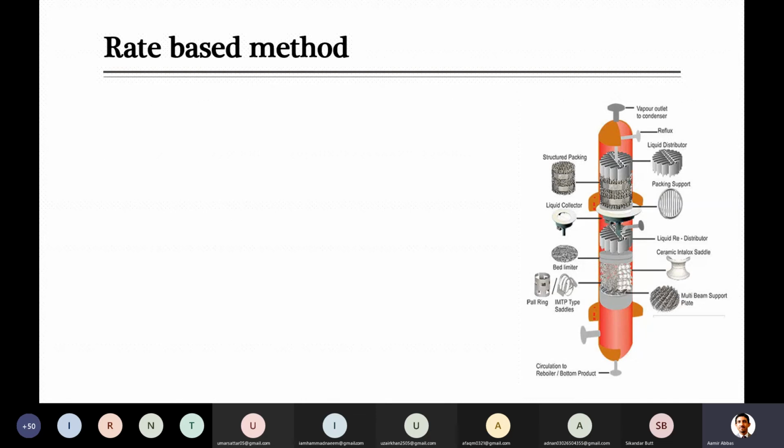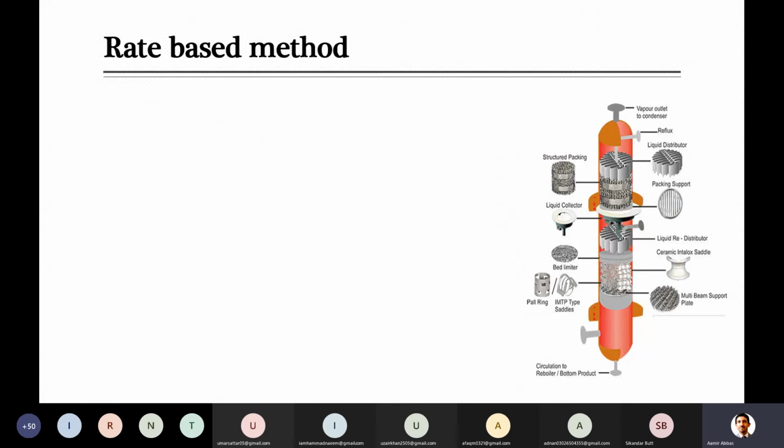The reason is when there is foam formation on the surface of a tray, that foam will rise from one tray to the next tray, the whole area will be filled with foam, and then there will be no vapor liquid disengagement space. And when that is not available, definitely there will be no good separation.